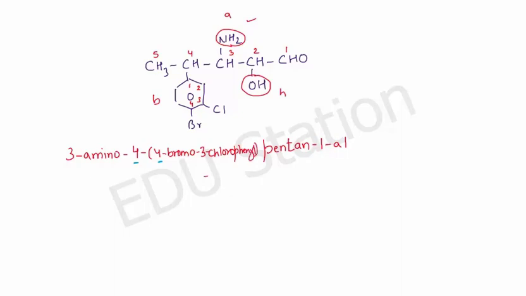I don't have space, so I'm writing it over here. 2-hydroxy, pentane-1-al. This part you should be clear with. This is important. This is the complex part. Just go through it once. The first 4 is representing the position of the complex, and then 4-bromo-3-chlorophenyl. We'll try one more example.